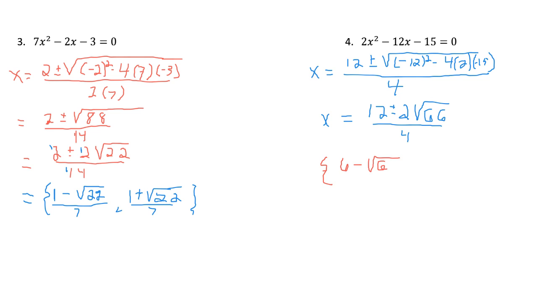Root 66, all over, and 4 divided by 2 is 2. And 6 plus square root 66 all over 2.